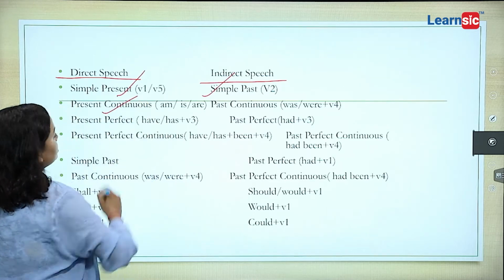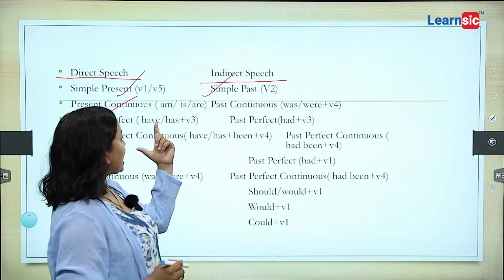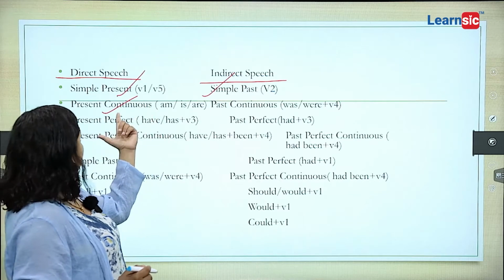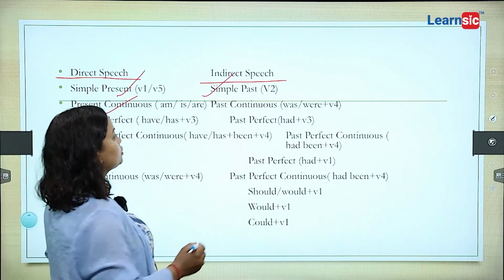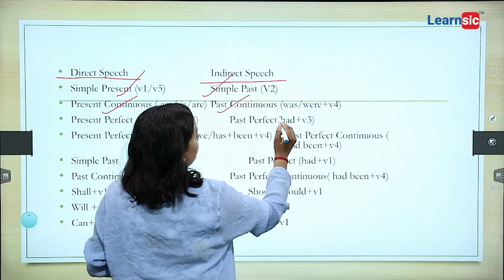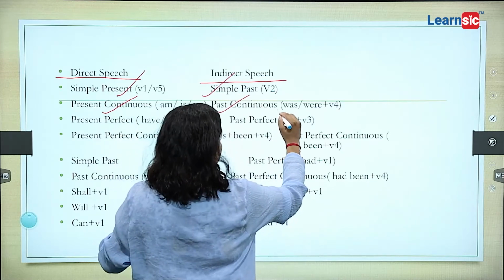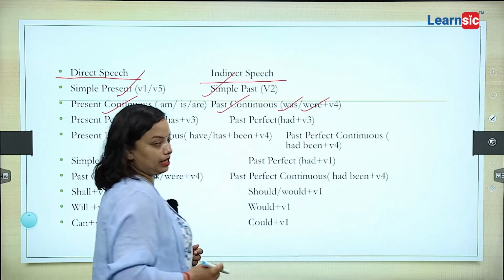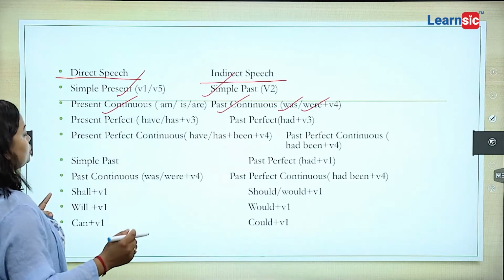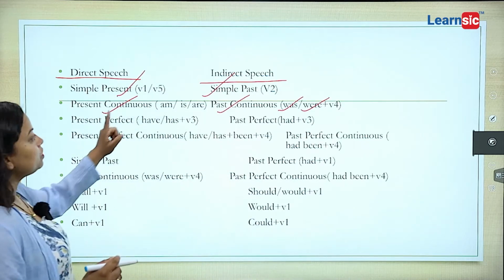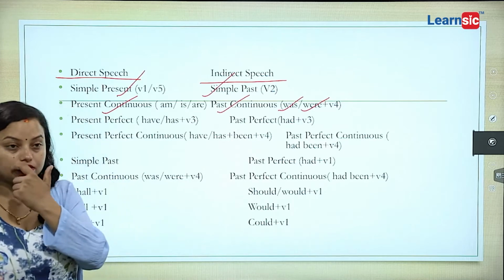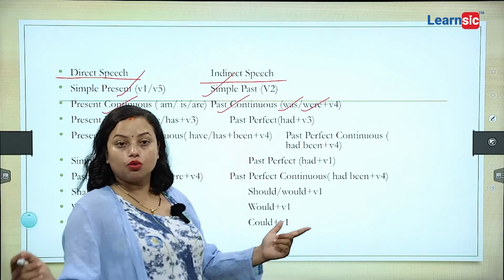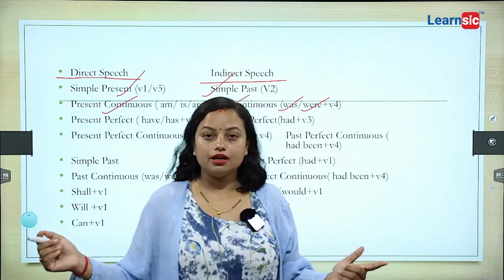Yes, present continuous tense मा छ भने we have to change those present continuous tense into past continuous, and we have to make, if there is is, we have to make was, if there is are, we have to make were. In this way, we have to change direct speech into indirect speech. These are the basic rules, these are the fundamental rules which we should follow, okay, during speech.